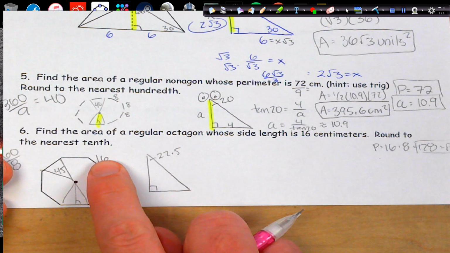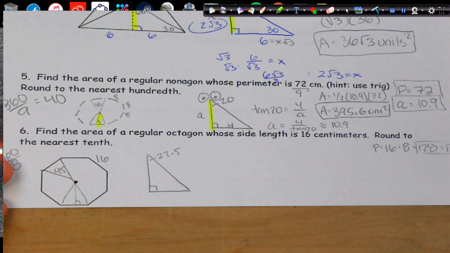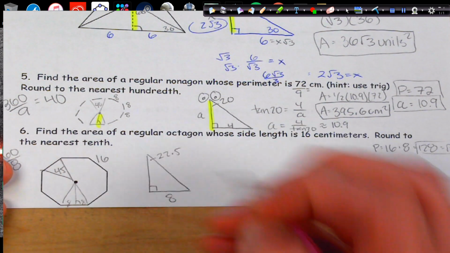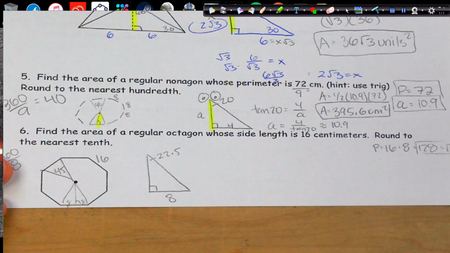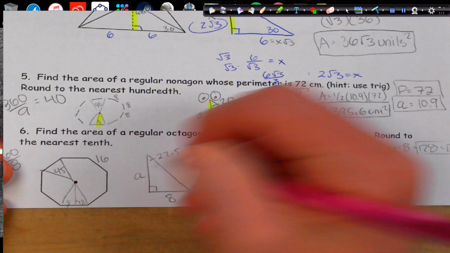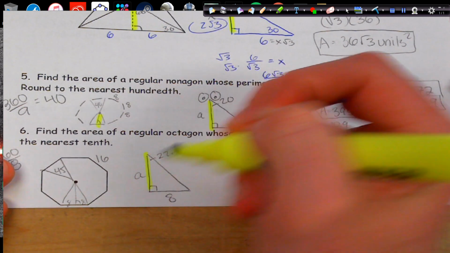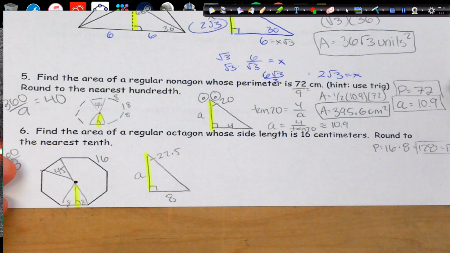Now 16 is the side length, so we're going to cut that in half. And I'm going to get 8 for the bottom and 8 for the other bottom. And we want to find the apothem. That's this segment right here. I've tried to be consistent using yellow as my apothem.